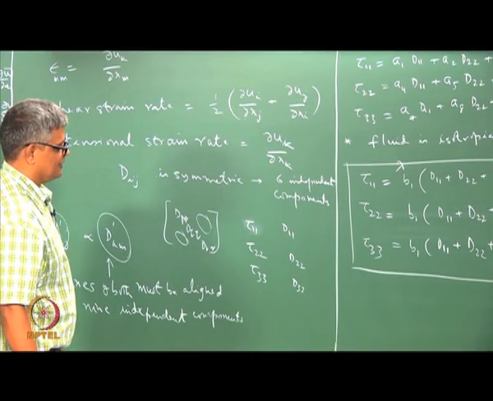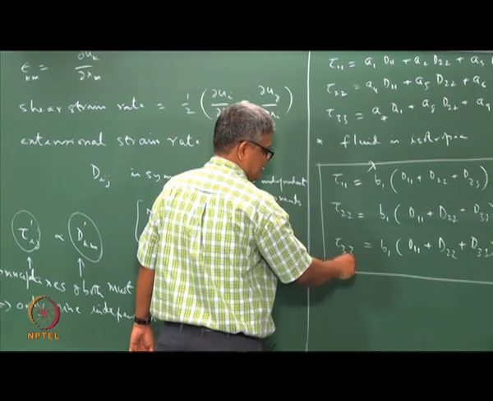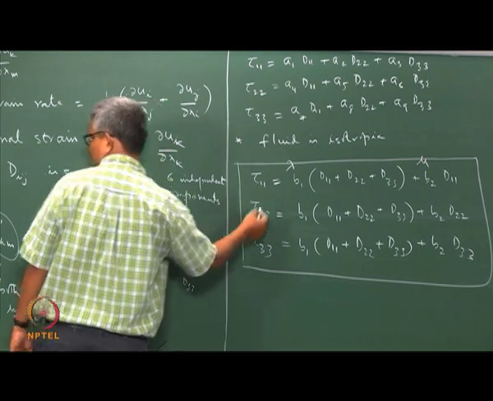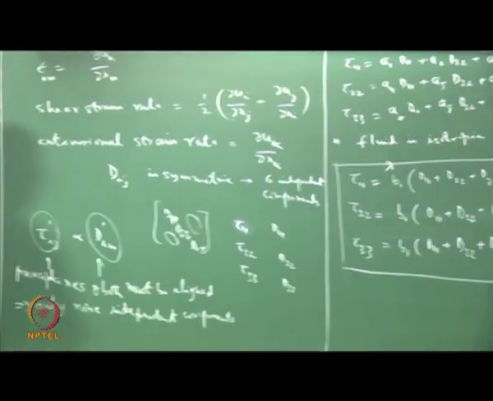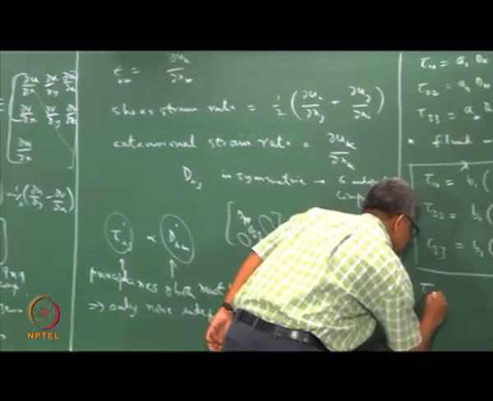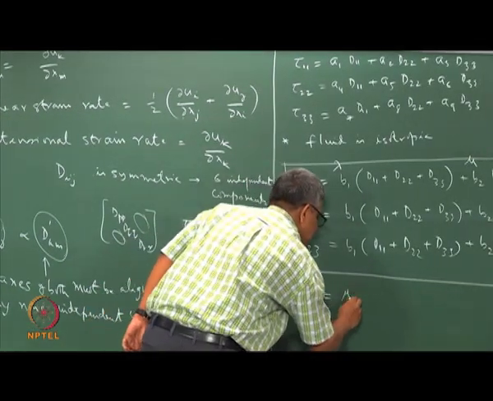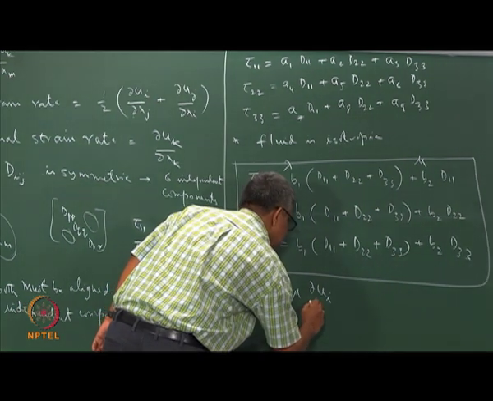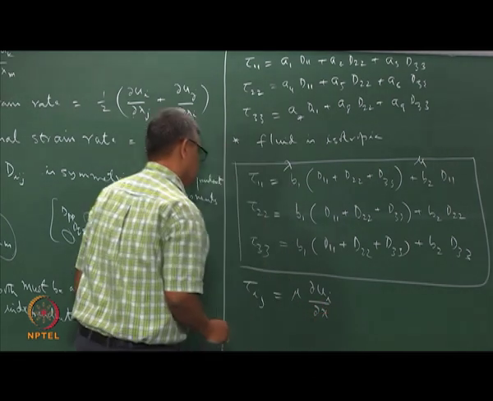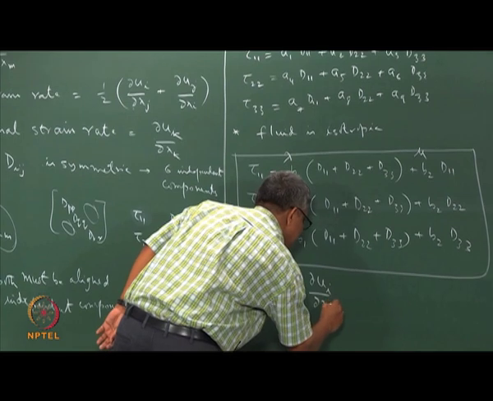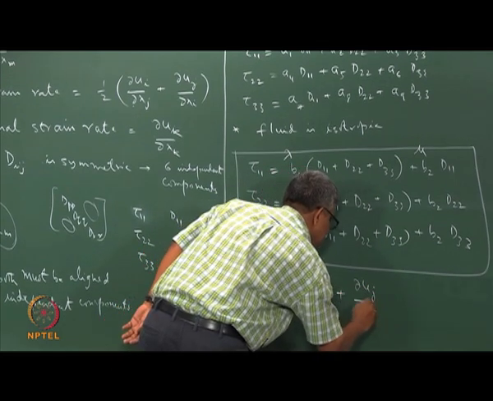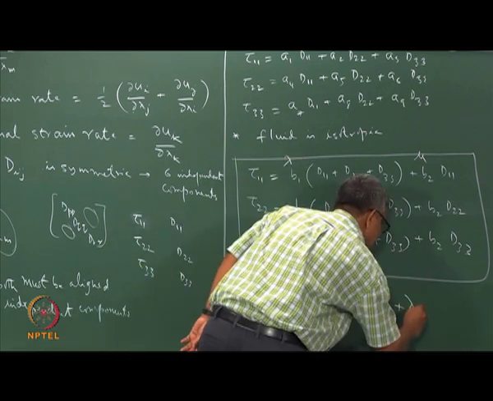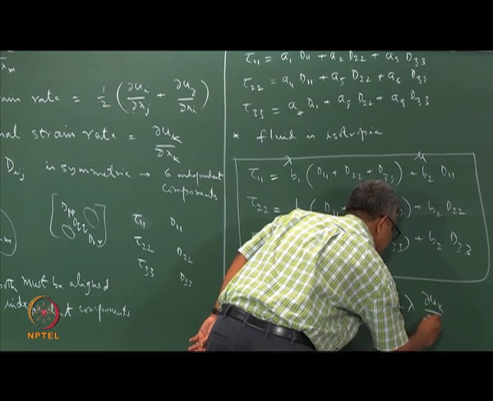This relation expressed in the principal coordinates will be like this, but when it is transformed from the principal coordinates into general ij coordinates it can be written as tau ij equal to mu times (dou ui by dou xj plus dou uj by dou xi) plus lambda times dou uk by dou xk.